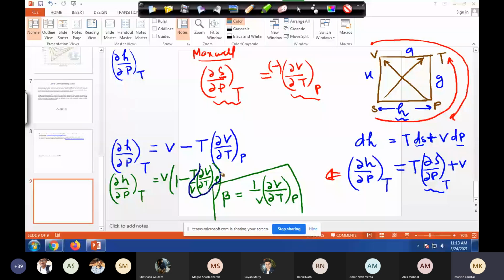So basically ∂H/∂P at constant T is nothing but specific volume times 1 minus T beta.